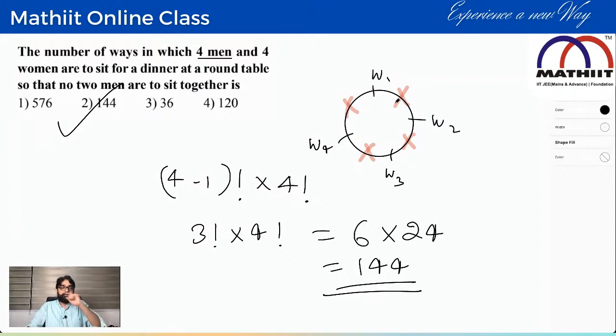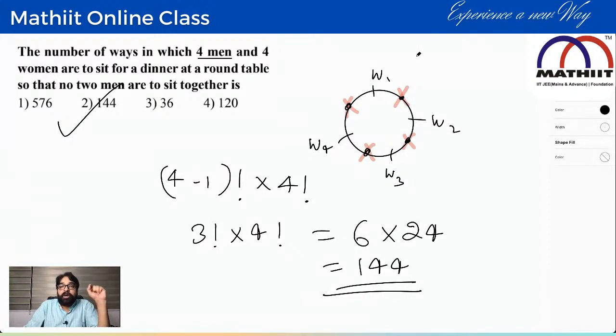Watch it. First, I arrange W1, W2, W3, W4. That is (4 minus 1) factorial, no doubt about it. Now, gap method, remember? I'm using the gap method. If you missed the last class, then it will be a problem. Now, I have to arrange the men. Men have to come here, or here, or here, or here.